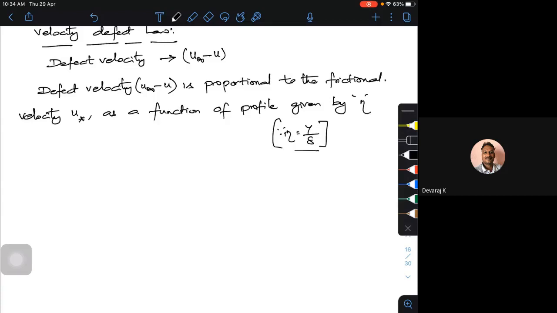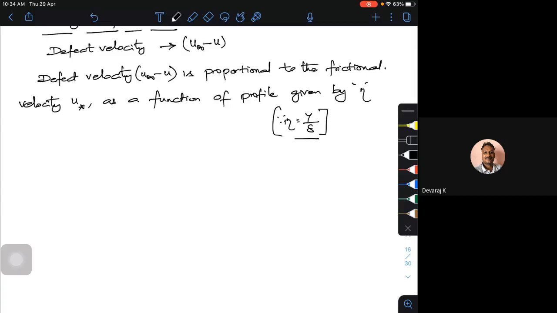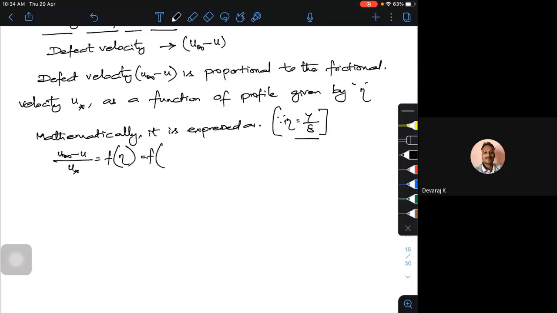Mathematically, it can be expressed as (U infinity minus U) by U star is a function of eta, or a function of y by delta. That's the meaning of it, where eta is equal to y by delta.